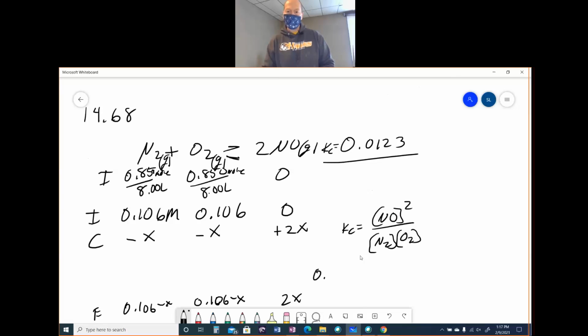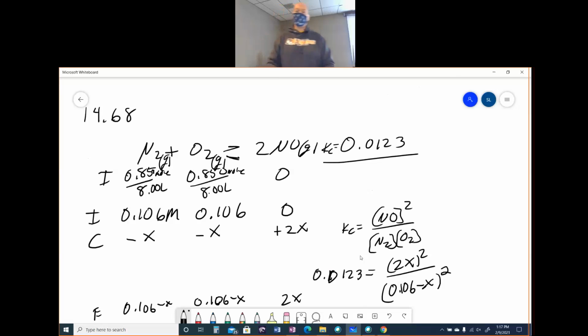You got your 0.0123, and you plug in your equilibrium numbers. That is your 2x squared, and that is your 0.106 minus x. And again, your 0.106 minus x. And so instead of writing it twice, I'm going to do what I'm going to do.